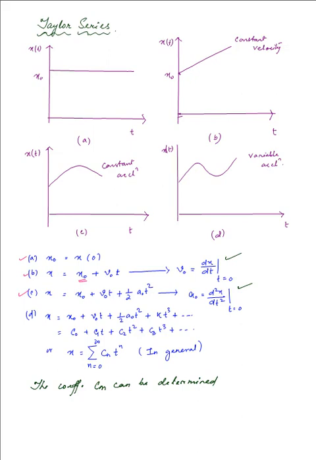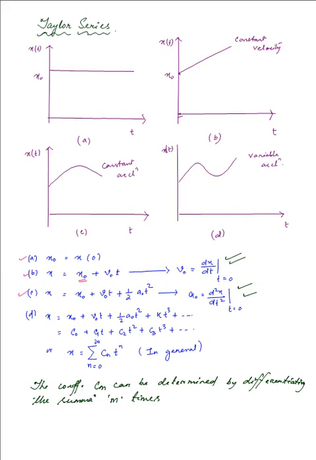and therefore the coefficient Cm can be determined by differentiating the summation m times. We have to differentiate it m times, because as you can see, twice differentiated, you have the result for a naught because it was multiplied to t squared, and because v naught was multiplied to t, you just have to take the first order differentiation.